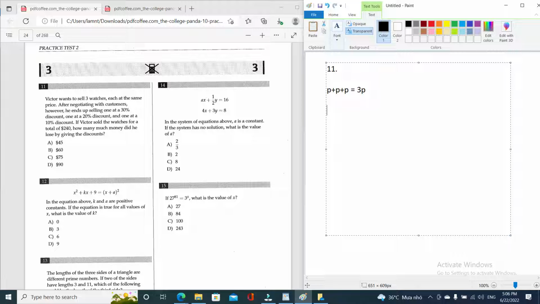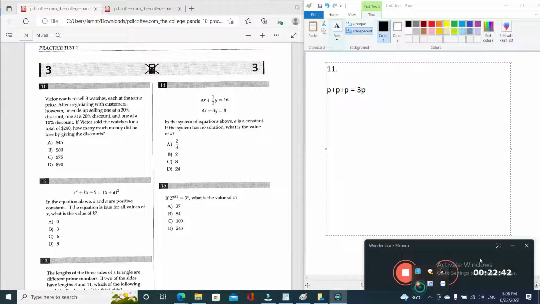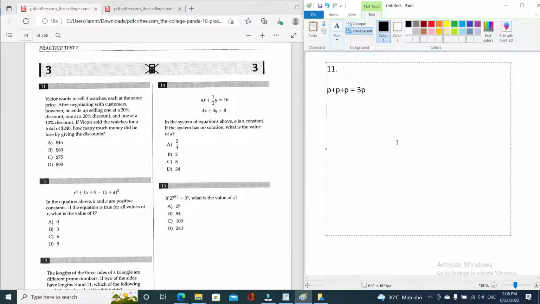After negotiating with the customer, he ended up selling on a 30% discount. Okay, so 30% discount, which means 0.3P, right? So the first one gets P minus 0.3P, right? The second one a 20% discount, so P minus 0.2P, and the last one is 10% discount, so P minus 0.1P.